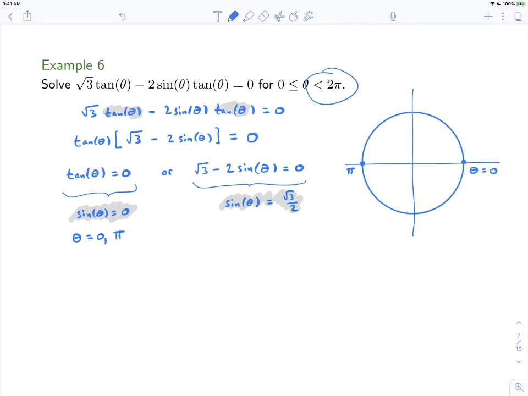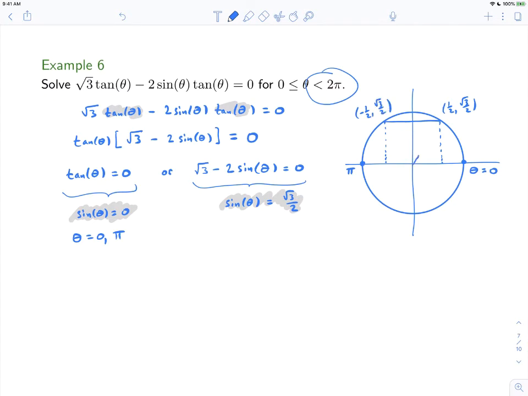So again, we're looking at the y-coordinate here. Square root of 3 over 2 is something like that. It's when the x-coordinate is 1/2. So you have (1/2, square root of 3 over 2), and you also have (minus 1/2, square root of 3 over 2).